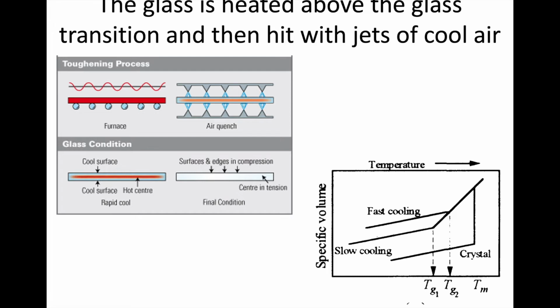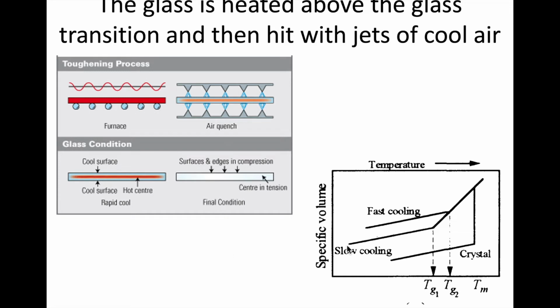So it doesn't contract as much when we fast cool it, as opposed to the interior glass, which cools at a slower rate and follows this curve. The specific volume is relatively low, and therefore it contracts more than the exterior.